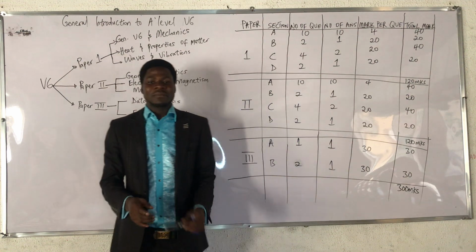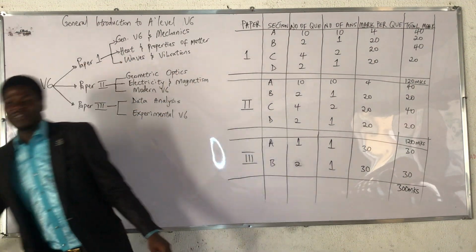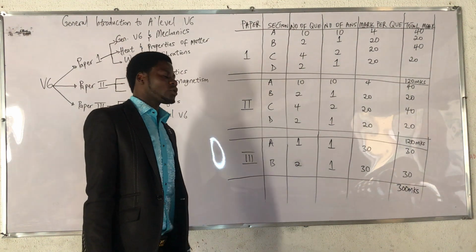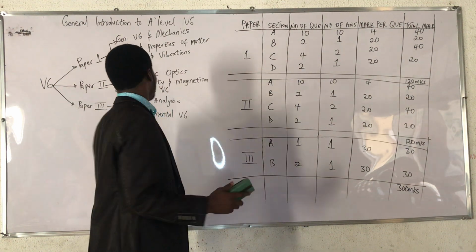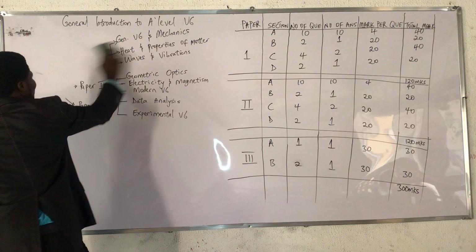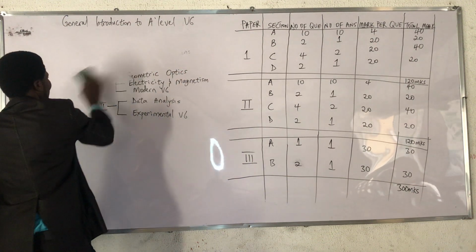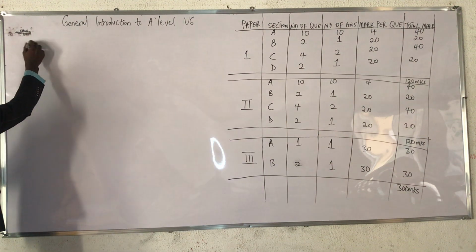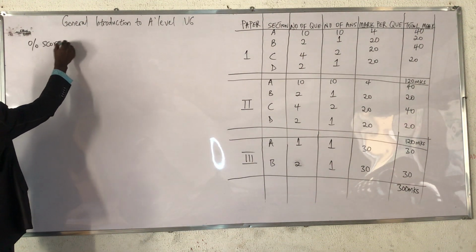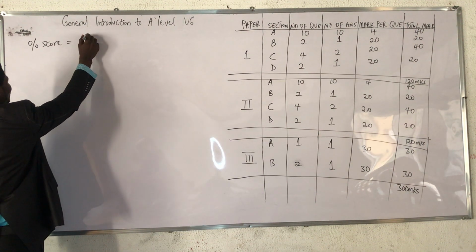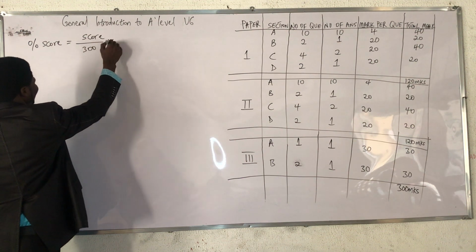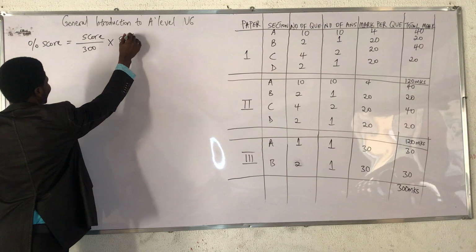Now these 300 marks will be converted to 80%. So your percentage score now will be whatever you score over 300 times 80%.